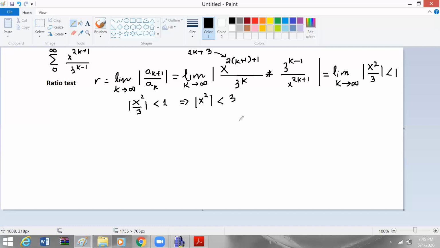So x squared less than 3, meaning we can also expand it: negative 3 less than x squared less than 3. But we know that x squared is always positive, so we replace the lower bound by 0. As simple as we have right there. So when x squared is less than 3, x should be bounded between negative radical 3 and positive radical 3.